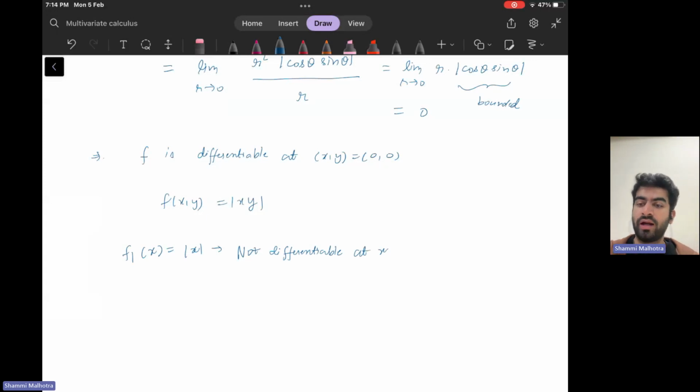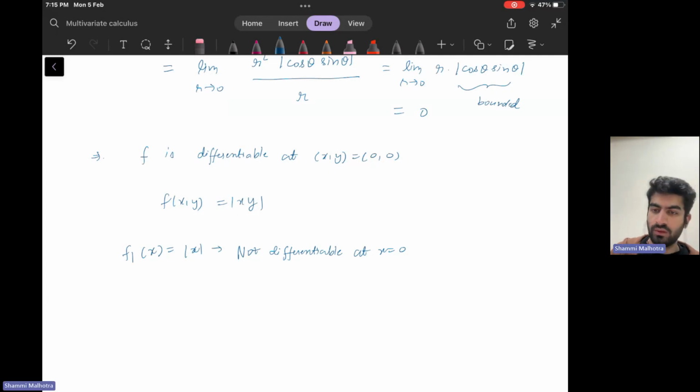But as we move to higher dimensions, this similar, analogously generalized function f(x, y) equal to mod xy is differentiable at (0, 0). So you can see something weird and interesting happening in higher dimensions.